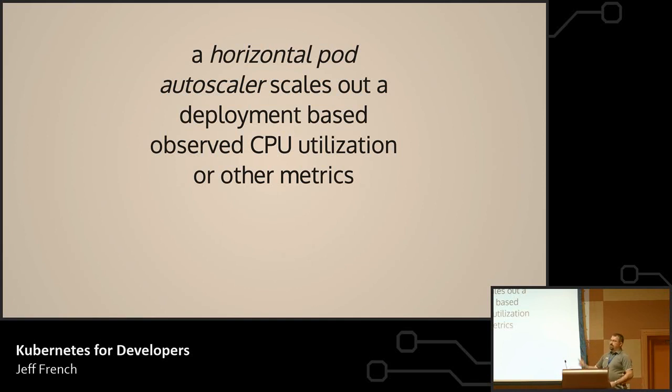So what the horizontal pod autoscaler is going to do is basically start polling the metrics server, looking at its set of pods that it's managing and saying, is the average CPU usage across these pods greater than 80%? If so, then I'm going to start adding more pods to scale it up. And then once it starts dropping below 80% for a certain cool-off period, it will start pulling those pods back down. So this way you get automatic elasticity within your cluster.